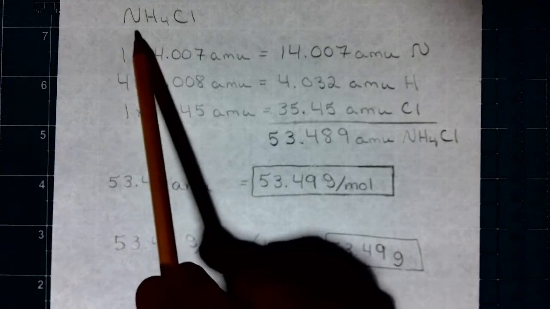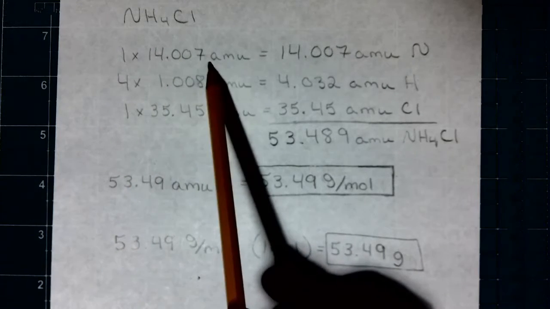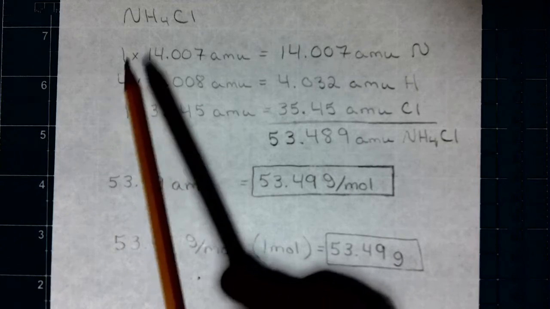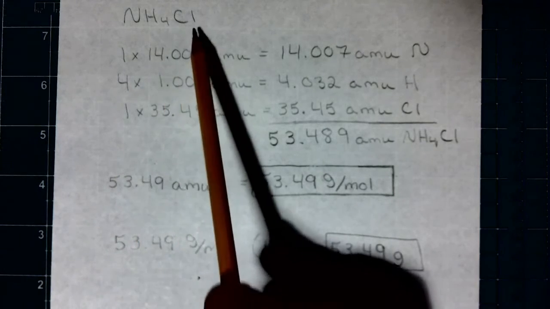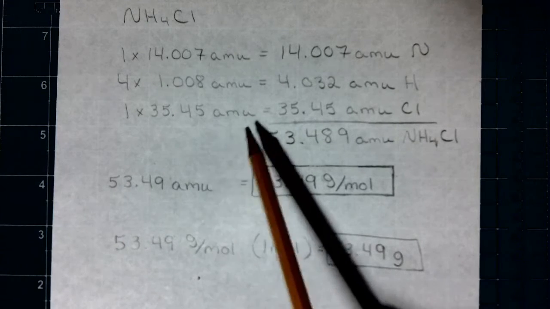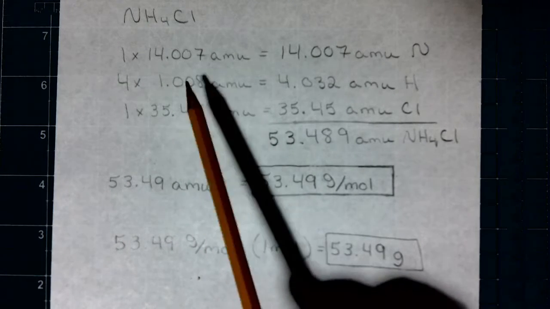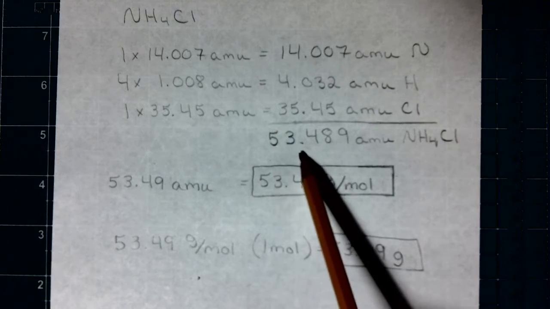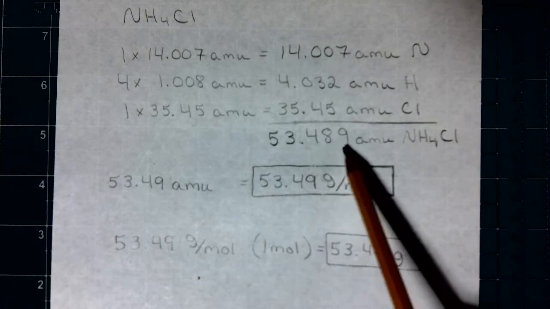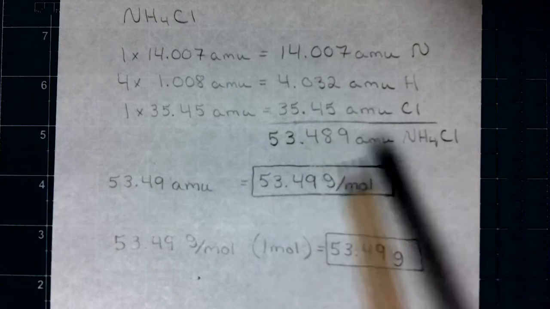If we first look at the nitrogen, we have 1 nitrogen times its atomic mass, 4 hydrogens times its atomic mass, and 1 chlorine times its atomic mass. We multiply these all through, and then we add down. We get 53.489 AMU for ammonium chloride.